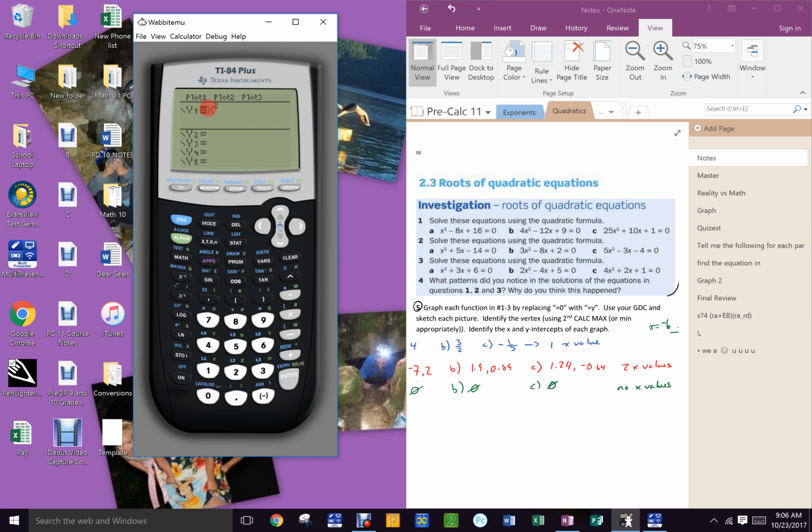Subtraction. So I push subtract, then what? 8, then what? X. Then what? Plus 16. Is everybody looking at that? Excellent. Now, this is where it's going to get weird, because everybody's calculators might have slightly different settings, but that's okay. Push graph.